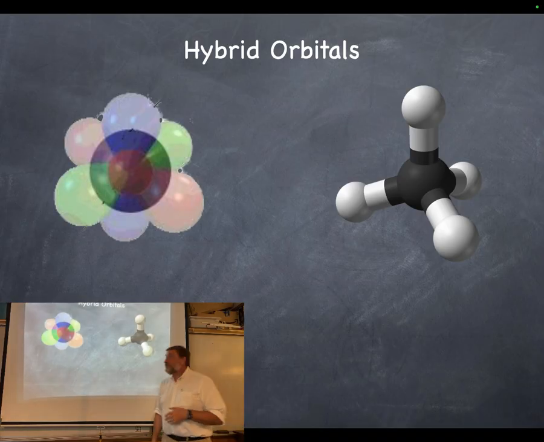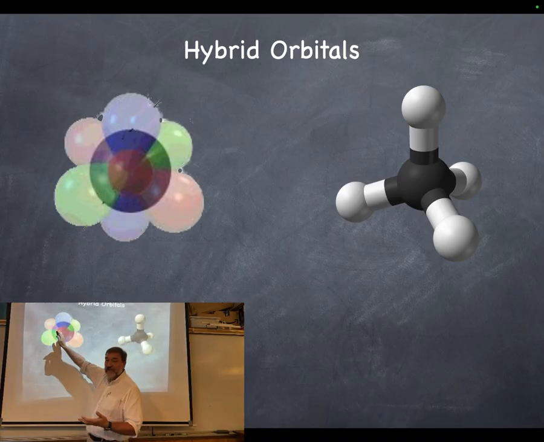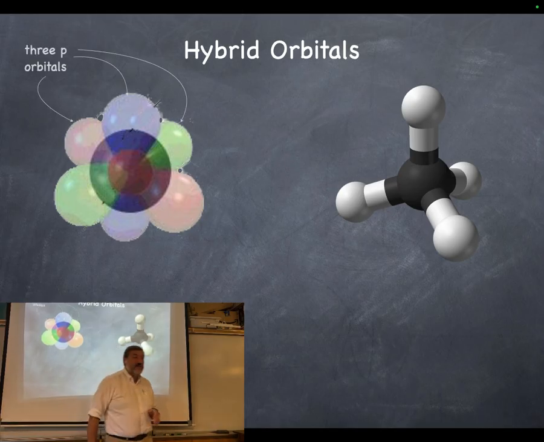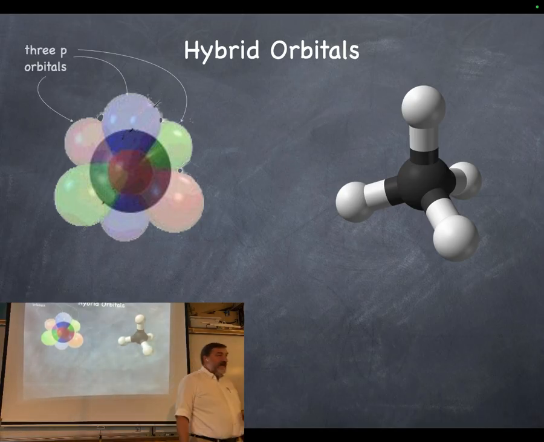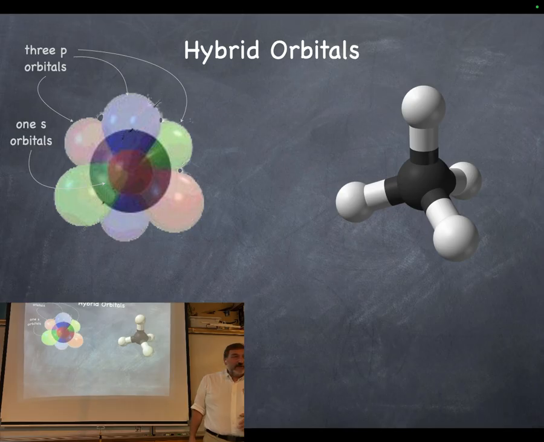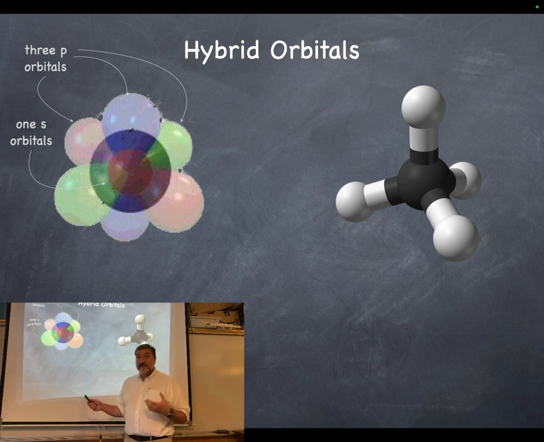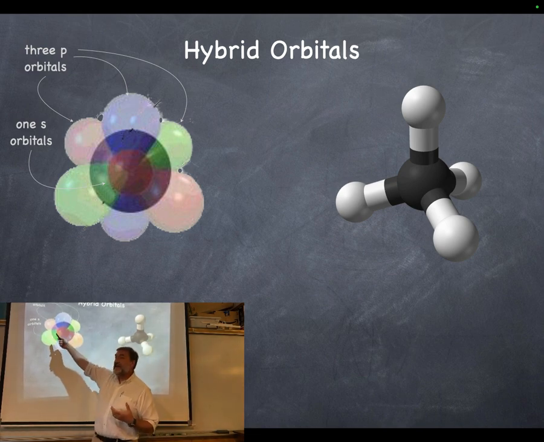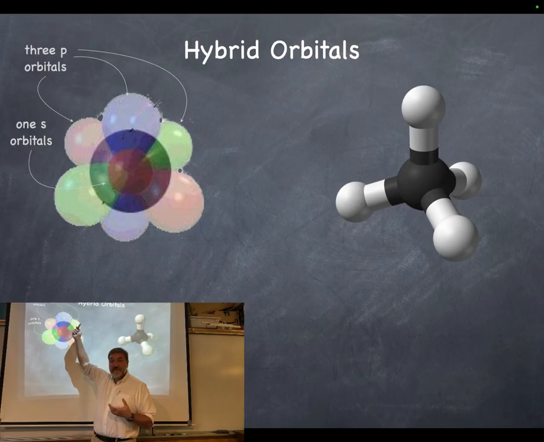Okay. And so the idea is we take those orbitals and basically throw them into a blender. I'm going to take 3 p orbitals and 1 s orbital, and I'm going to mix them together mathematically. Remember that when we talked about atomic orbitals, each of these lobes in the p is positive, negative, positive, negative, and the s by convention is just positive.